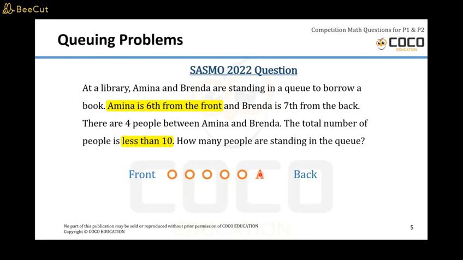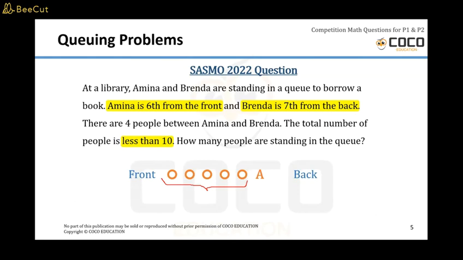So Amina is over here. Then they say Brenda is 7 from the back. Since Brenda cannot be at the back of Amina, Brenda has to be in front of Amina. But where is she? We don't know, right? She is somewhere in between here to here. We still don't know yet, so we leave it first.